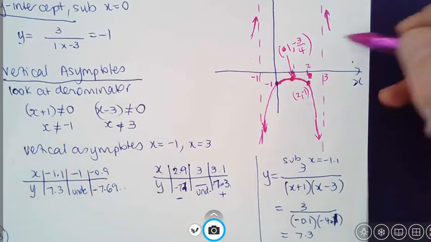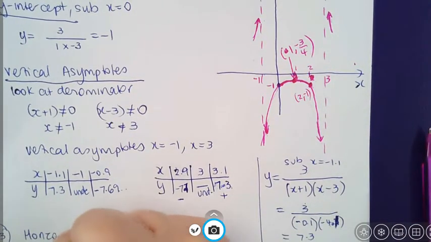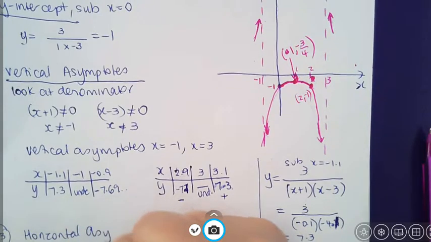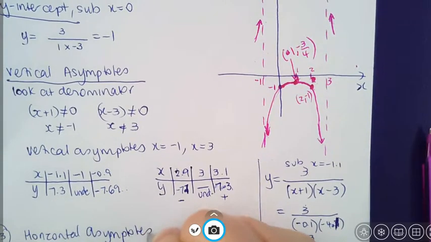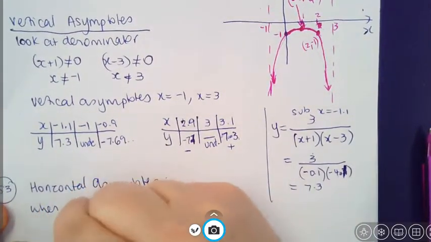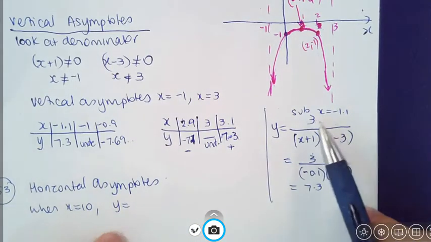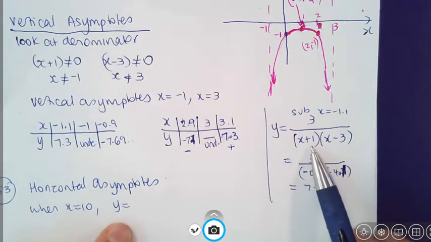All right, now you need to do horizontal asymptotes. So when x gets large, I'm just going to go, when x is 10, what do you get? Y is, look at the equation. Wouldn't it be 3 over 11 times 7?